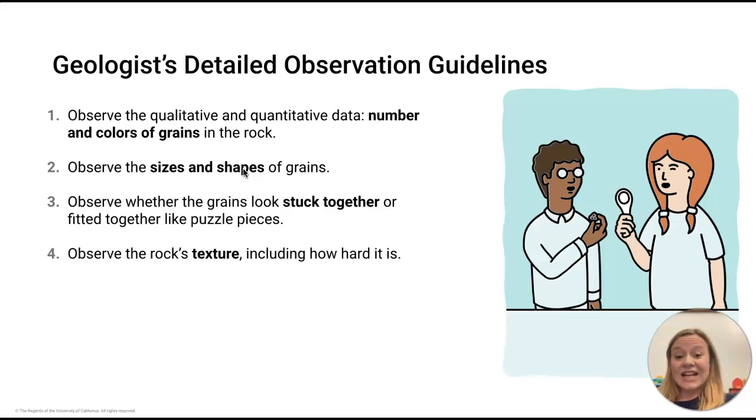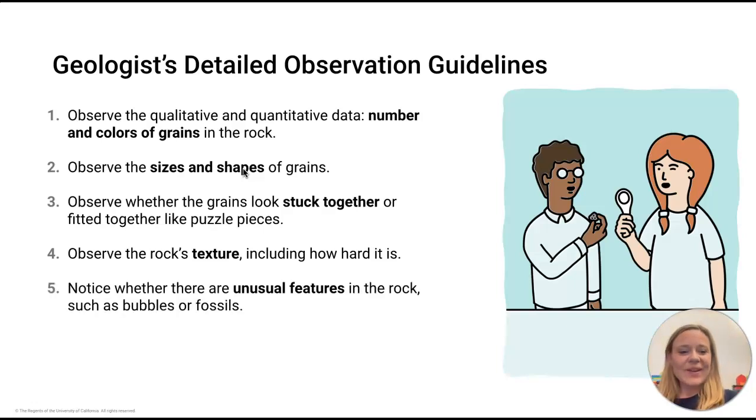We're going to observe the texture of the rock and if it's really hard or maybe really soft. We can also look at density, like we talked about in class yesterday. And we're going to see if there are any unusual features in the rock, like bubbles or fossils, if we find those things.